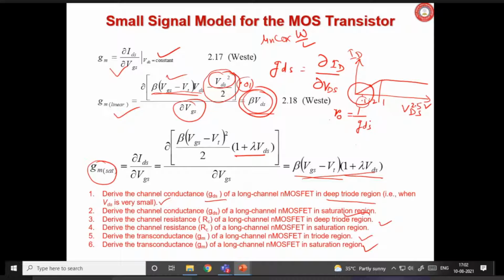So for a long channel MOSFET, what is the value of r_o in saturation region only?